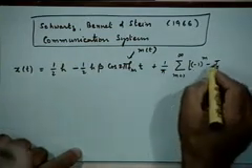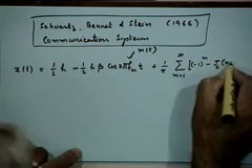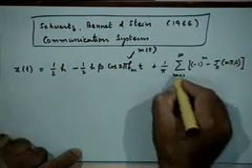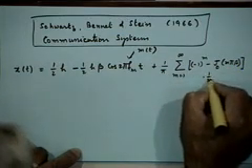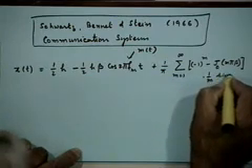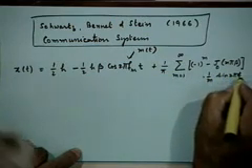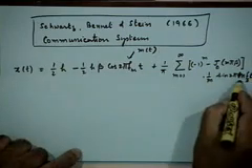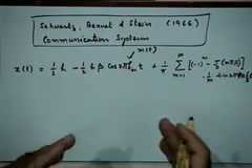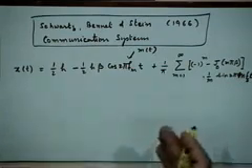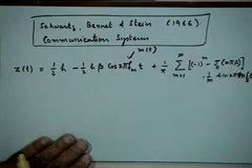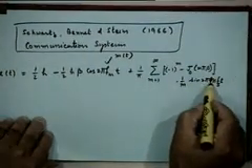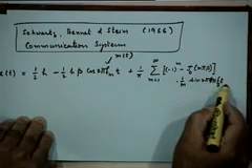J0 of m pi beta into 1 by m sine 2 pi m f sub s t. Here f_s is the sampling rate of the pulses, right? Sine 2 pi m f sub s t, right?